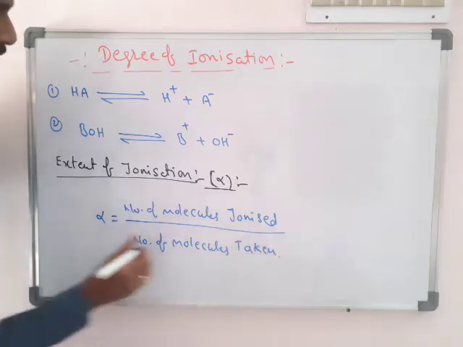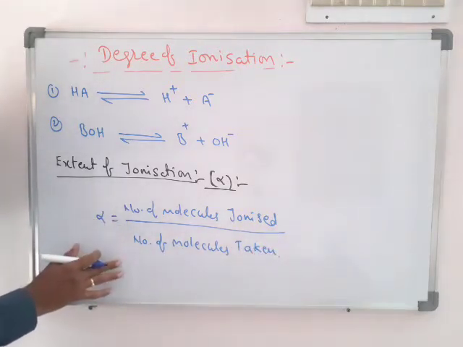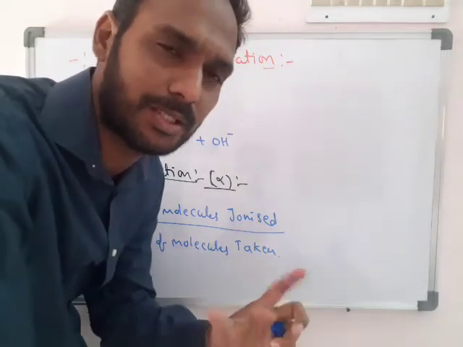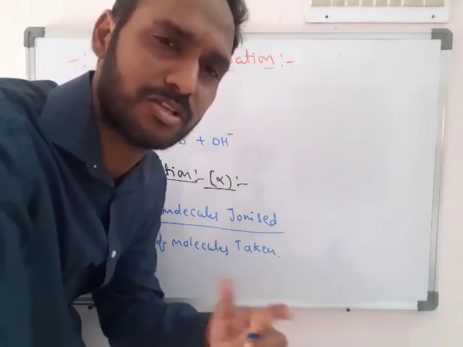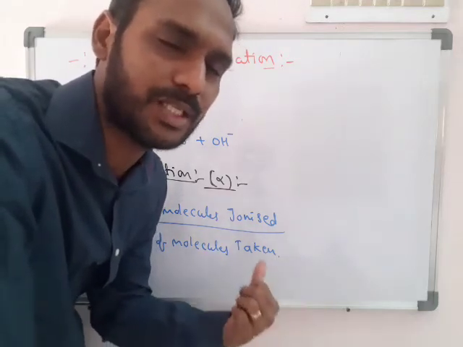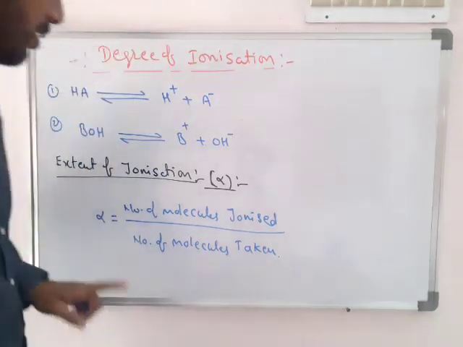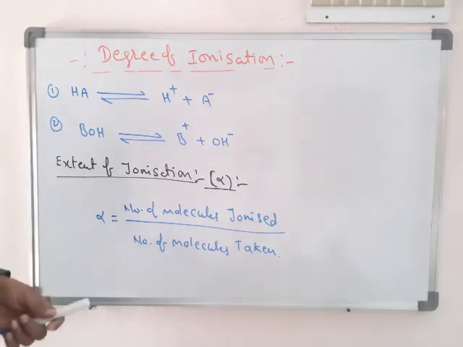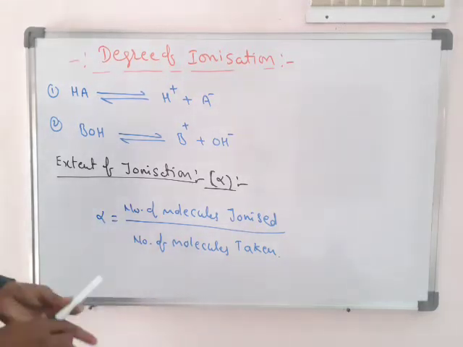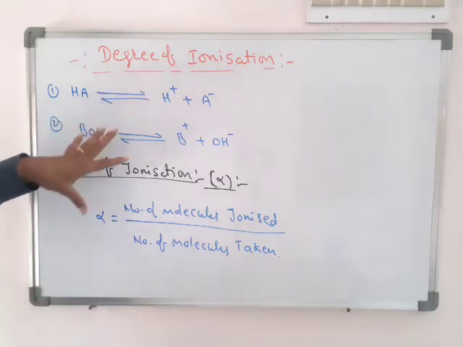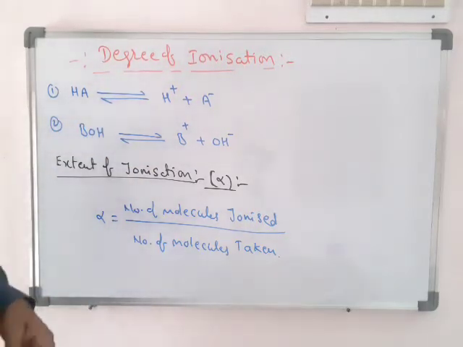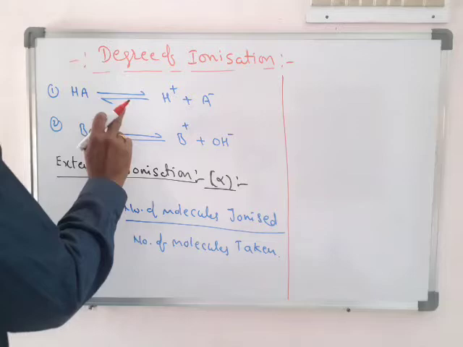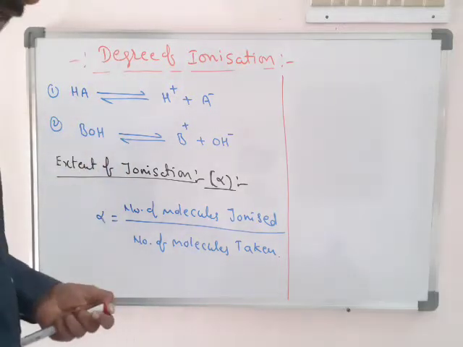This is known as alpha. It is applicable to any chemical compound, maybe acids, bases, salts, whatever the compound, you can apply this formula. Alpha equals the number of molecules ionized by the number of molecules taken. Now we apply this separately for acid equilibrium and base equilibrium.